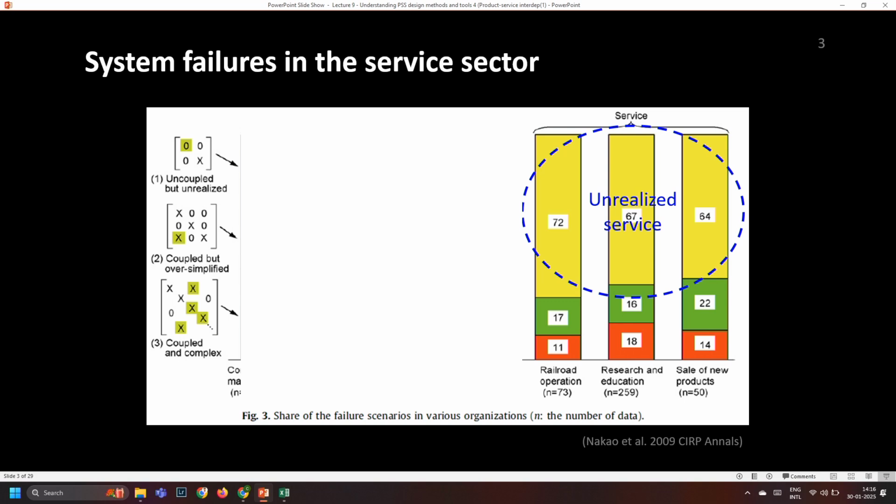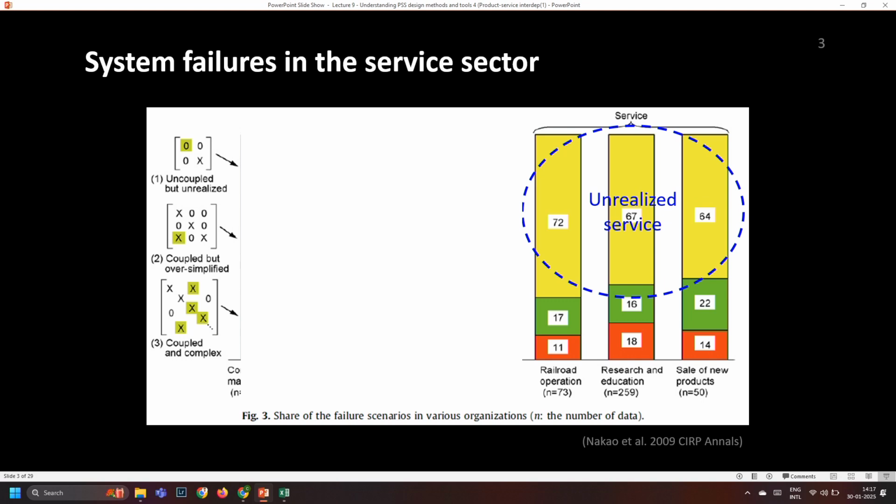So what unrealized service means is, typically you are in the service business, and you use, for example, a product, and you want to execute some defined services.